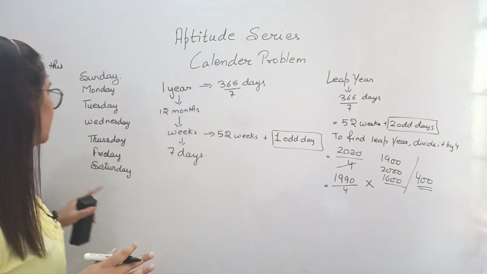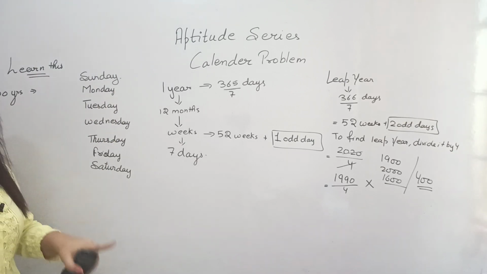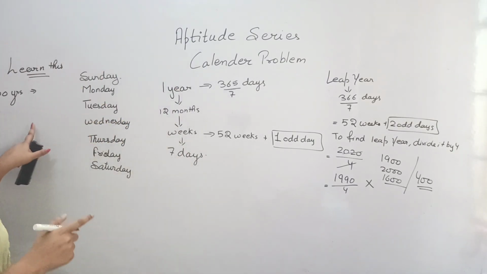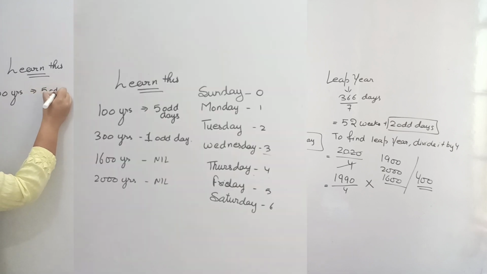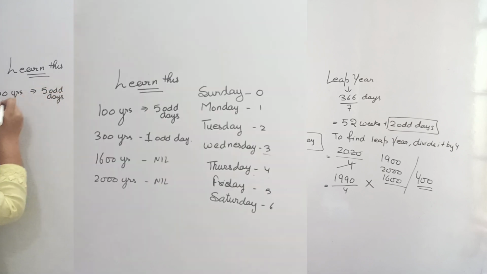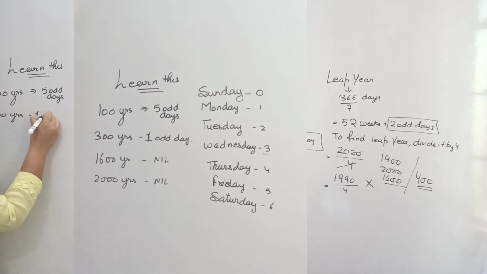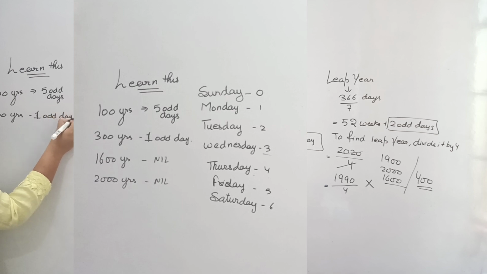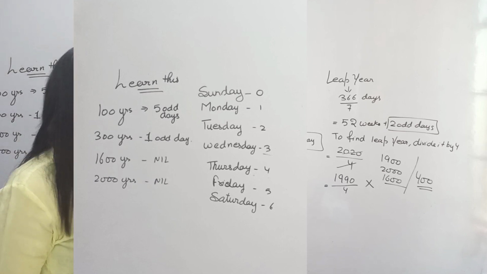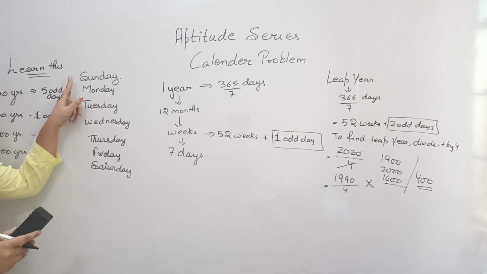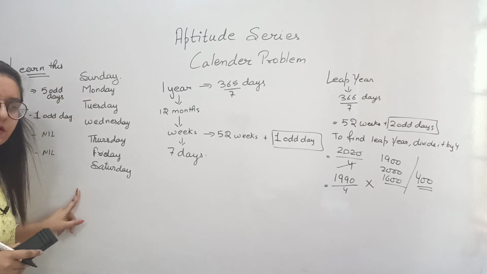You only have to learn that in 100 years, starting from the first year of the English calendar, there are 5 odd days, and in 300 years 1 odd day, and in 1600 years no odd day, and in 2000 years no odd days, because these are exactly divisible by 7.